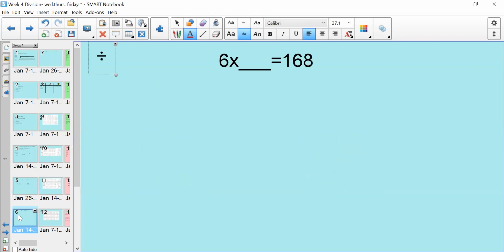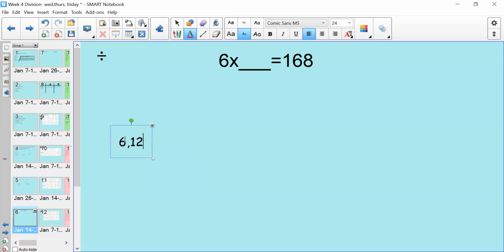Okay, so why do we learn the inverse? So we learn inverse to be able to help us work out problems. So for example, if I've got this problem, 6 times something equals 168, how would I work this out? It's quite a tricky one because 168, if we had to count in multiples of 6, would take us a really long time. So we can't just use our normal 6 times table.